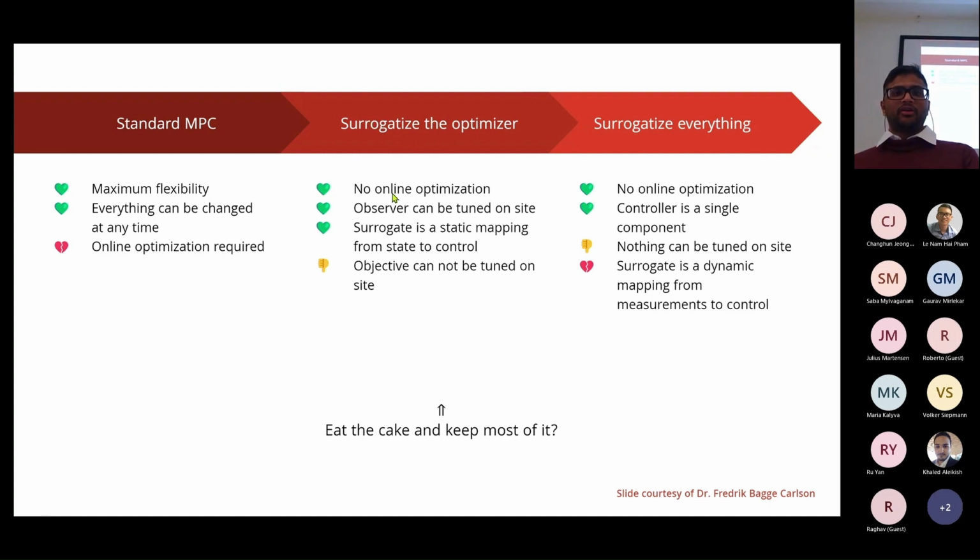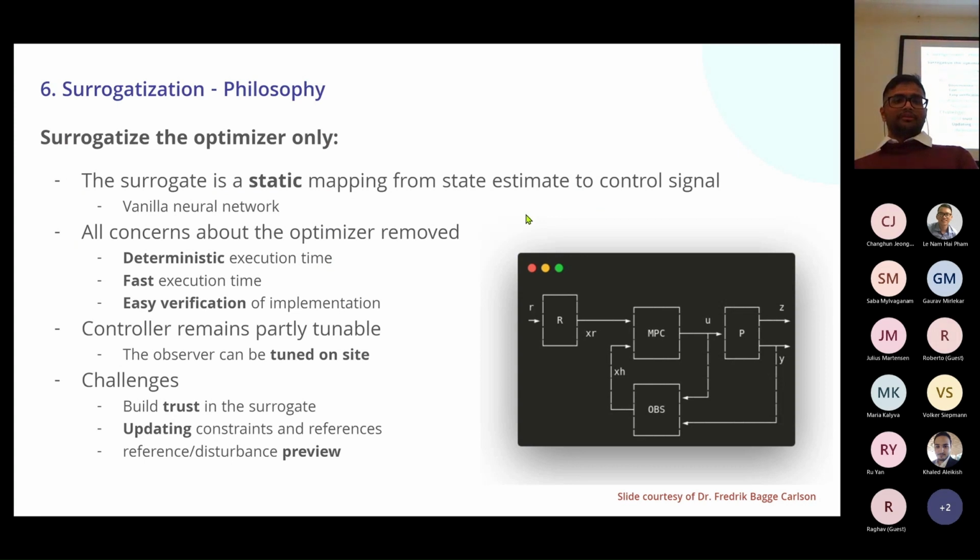The philosophy here is we surrogatize just the most challenging part, the controller part. If this is the controller and this is the observer, we have a reference trajectory at each time step. We have the initial state estimate at that time step, and we're looking to determine the control output at that time step.